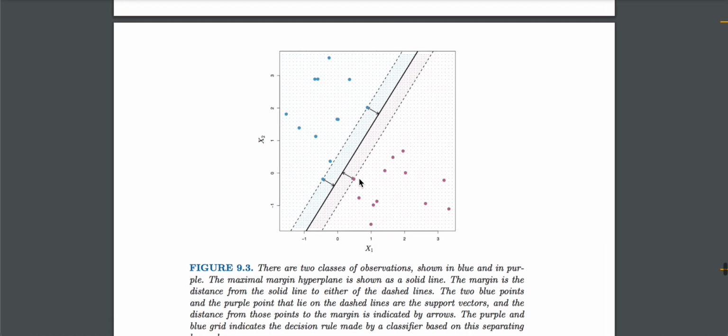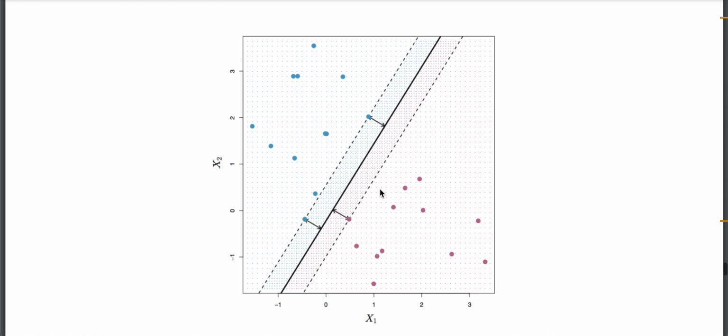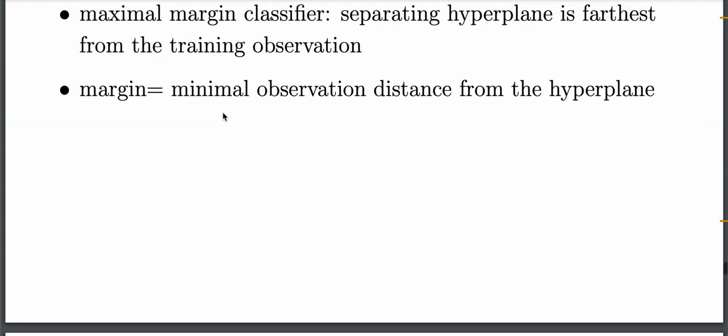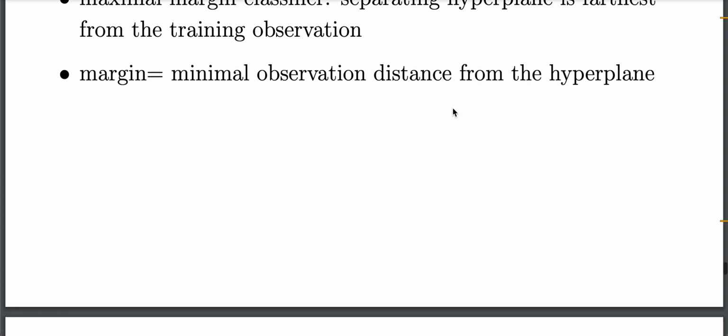The interesting thing is that among all lines that separate these two clouds, this one has the maximal margin, where margin is the minimal observation distance from the hyperplane. So among all observations, find the smallest distance to the hyperplane.